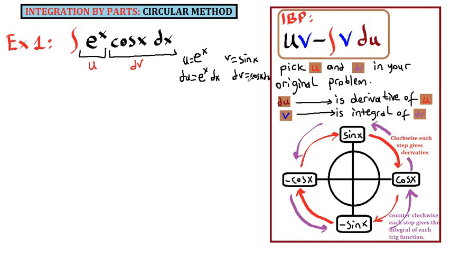Now we're going to plug this into the integration by parts formula. Our original integral, which is the integral of e to the x cosine x dx, turns into u times v, which is e to the x sine x, minus the integral of v, which is sine x, and du is e to the x dx.